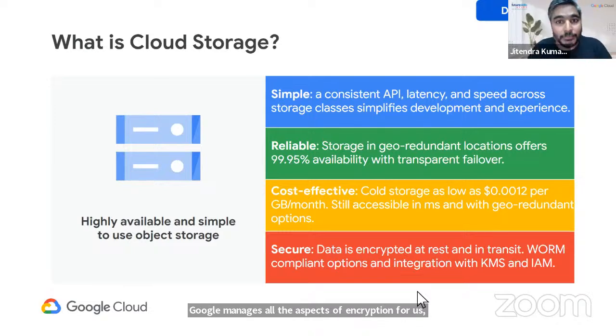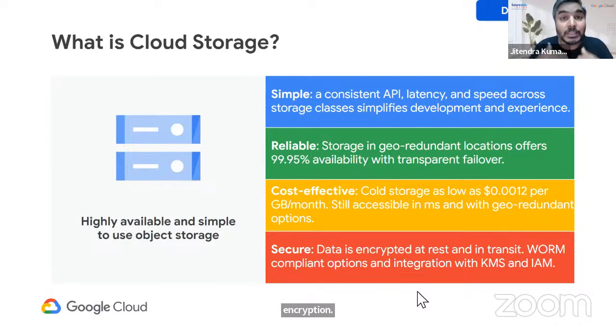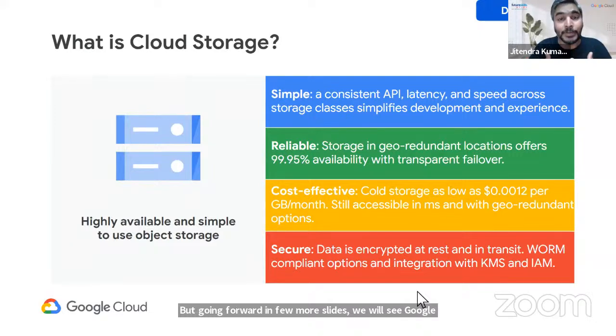But going forward in a few more slides, we will see Google also talks about three other ways to encrypt your data, right? Which is CMEK, as we call customer managed encryption keys. So you could decide I will use my own encryption keys to encrypt my data. So nobody has access to those keys and nobody can read my data, right?